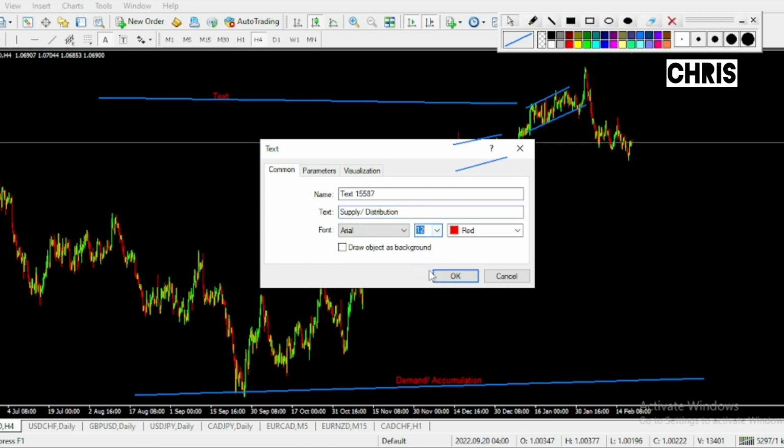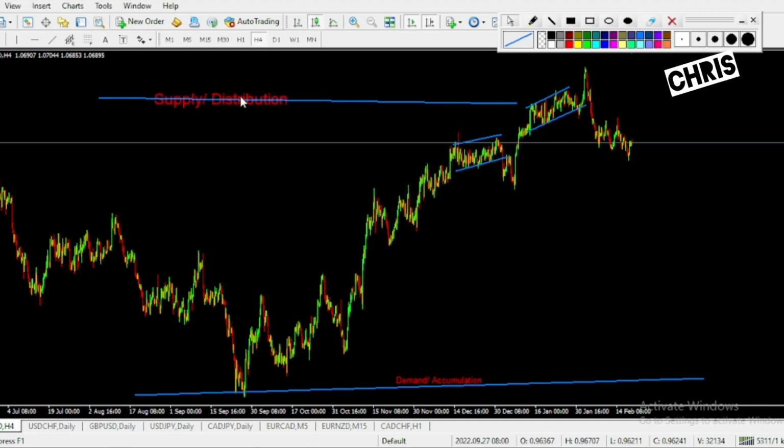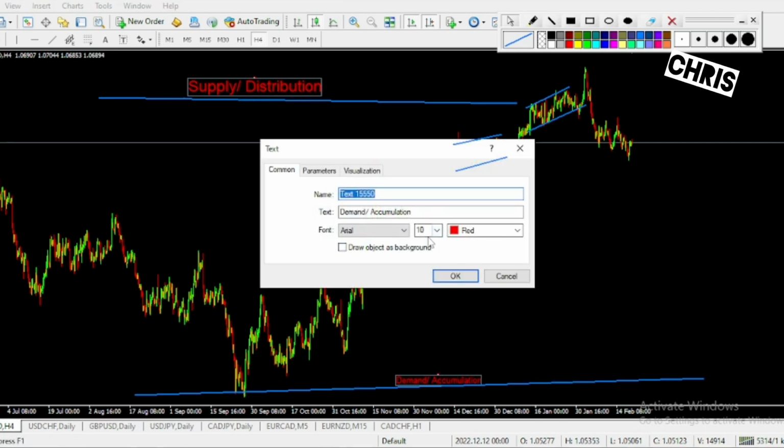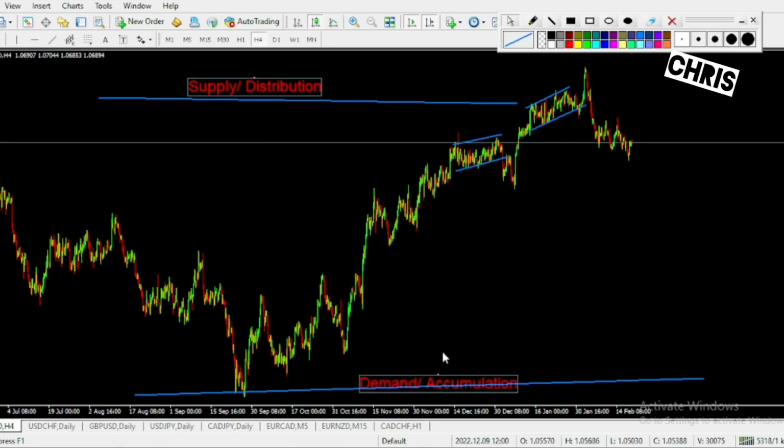I can increase the font to about 18. So this is the supply or distribution, and this is the demand. I can edit this to make it 18 as well.